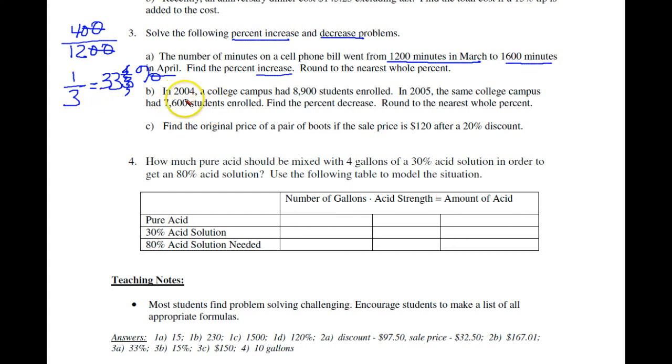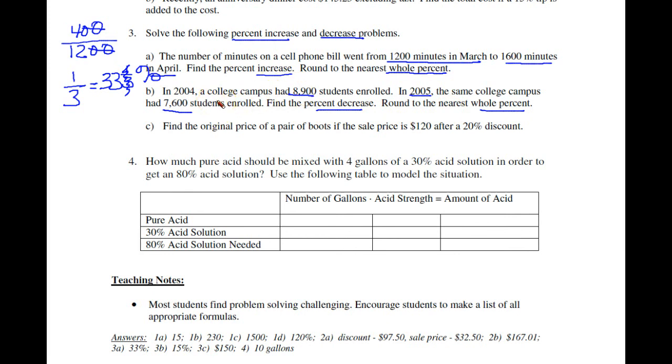All right, now in a college this year, it had this many students, and then in the next year, it had a decrease in students. What is the percent of decrease? Round, oh, here they're saying round to the nearest whole percent, okay. Round to the nearest whole percent there as well. So the first thing we have to do is find our decrease.